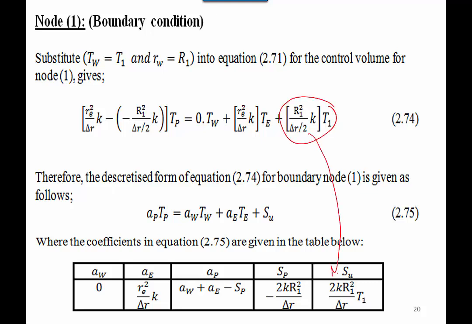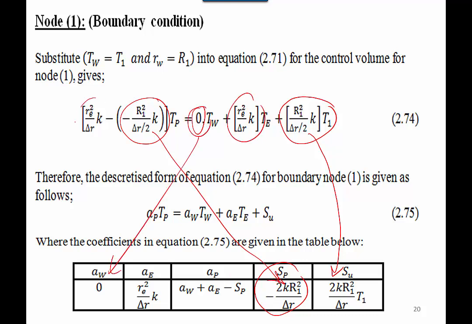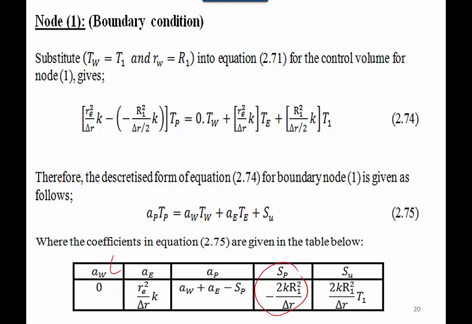It will be SU, which holds the value of the boundary condition T1, and there is no A west, it is 0, and the last parameter before TP goes for SP. No A west, it is 0, and this is A east, it will be here. So equation 275 represents the general discretization form for control volume number 1, and all the parameters are given in this table.